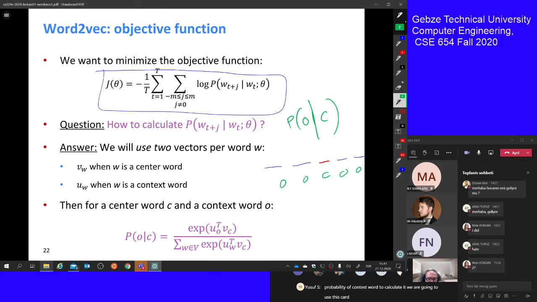It might look a little bit complicated, but it is not actually. It says to multiply the dot product of the center word and the context word, their word vectors, that's it, and take the exponential of it.